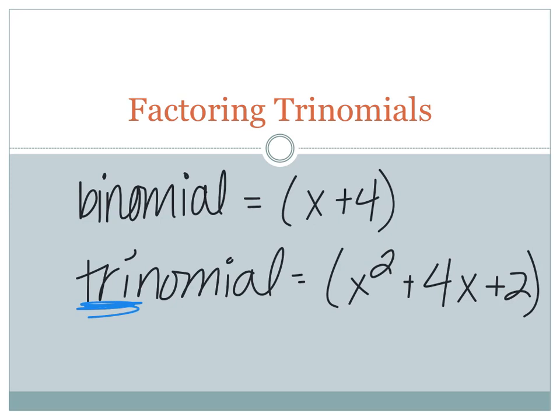So what we're going to do today is look at factoring a trinomial. When I say factor, I mean we're going to break down something that looks like this, x squared plus 4x plus 2, so that it is 2 different binomials, okay?